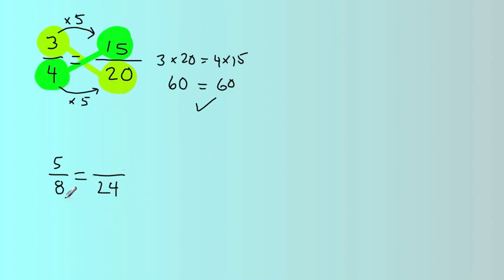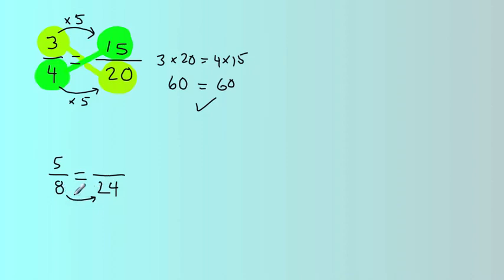So here's your problem solving. I know that 5/8, if I took the 8 and multiplied by something, I would get a new number, and if I took the 5 and multiplied it by something, it would be another new number here. What do I multiply by, though? All right, here's the problem solving. You know the fraction 5/8.